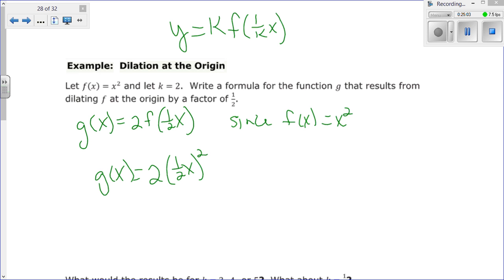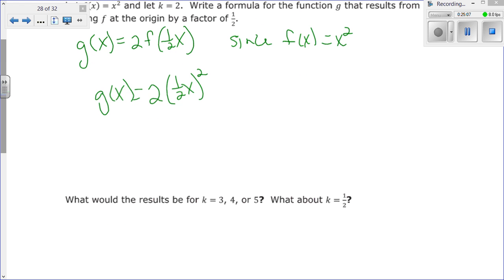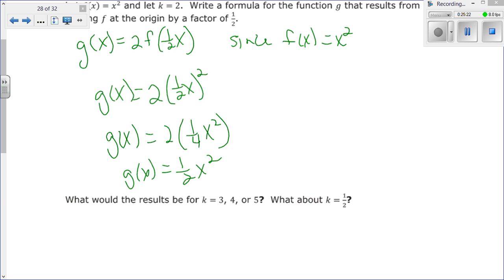So when I do the math here, g of x will be 2 times 1/4 x squared, and 2 times the fourth is 1/2 x squared. And that is my equation.